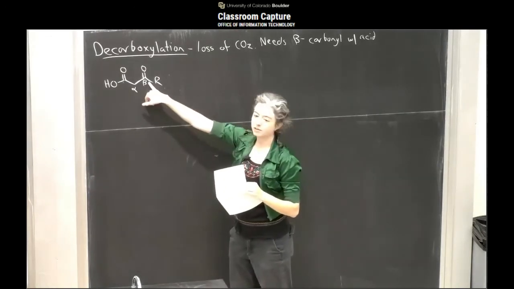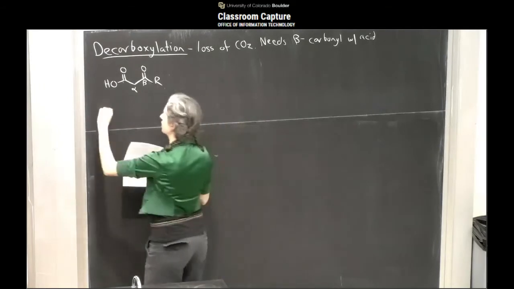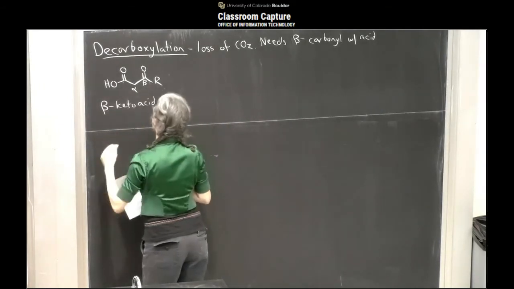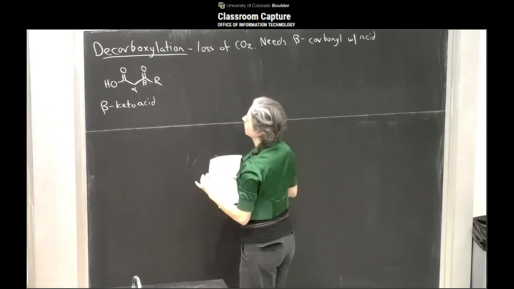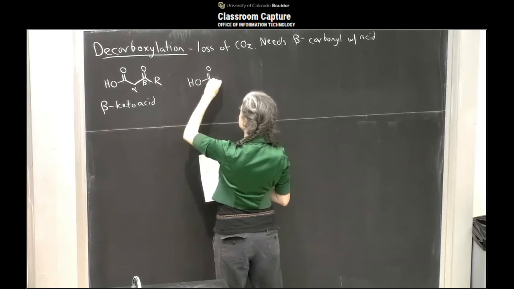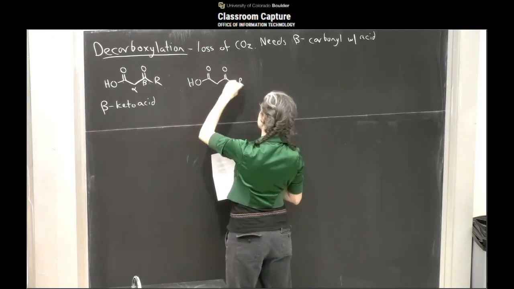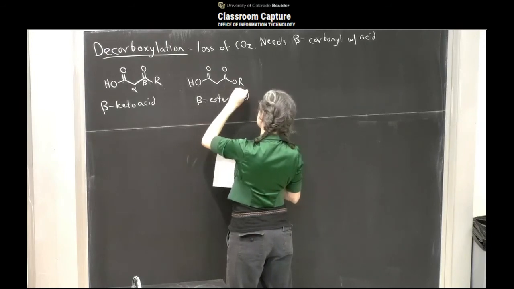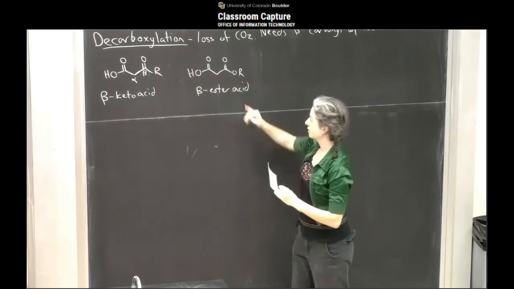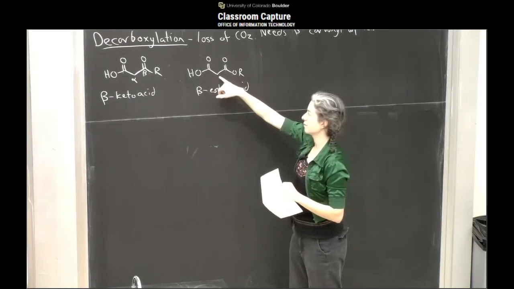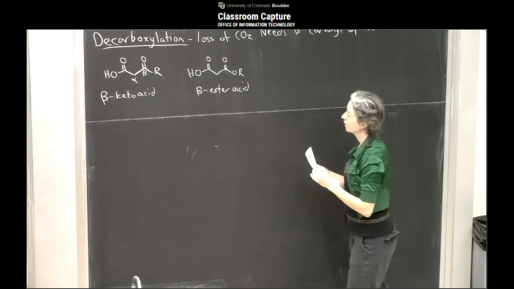Here's a beta ketone. So this would be a beta keto acid for one example, or you could have a beta ester acid. Doesn't matter too much what the second carbonyl is, it just has to be on the second carbon away from the acid group.